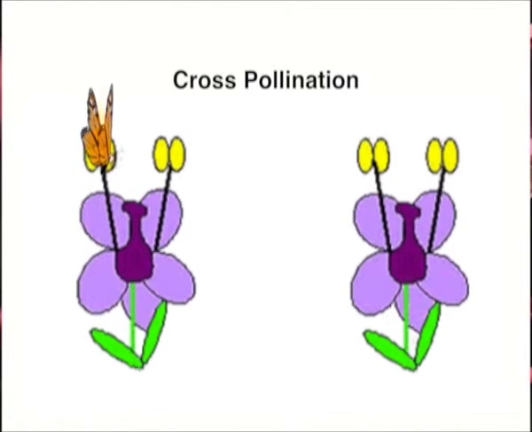Cross-pollination is the transfer of pollen from the stamen of one flower to the stigma of a flower on another plant of the same species. The flowers which are adapted to cross-pollination prevent self-pollination by various methods.